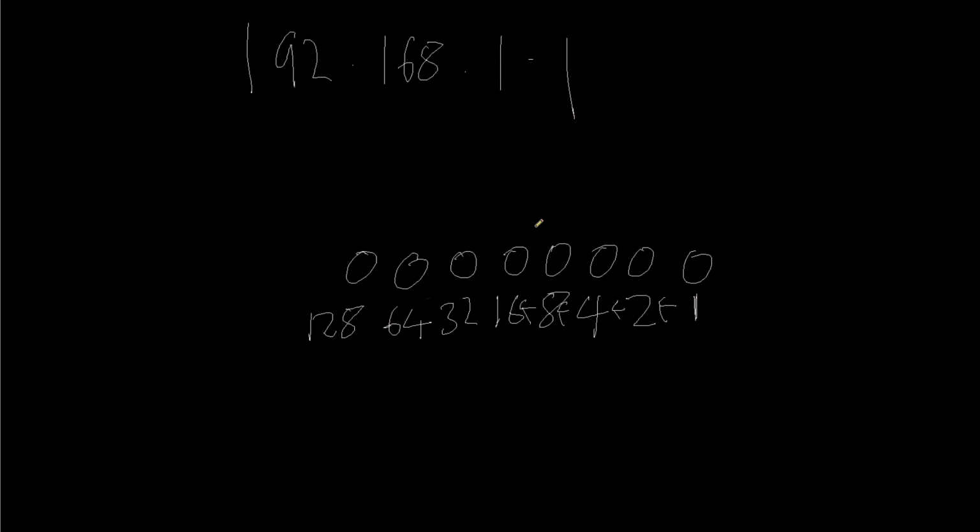So if you wanted, say, the number 10 in binary, you don't want 128 because that's too large. You don't want 64 because that's too large. You don't want 32 because that's too large. You don't want 16 because that's too large. However, 8 can go into 10, so you have that first. 4, if you add 8 plus 4, that's 12.